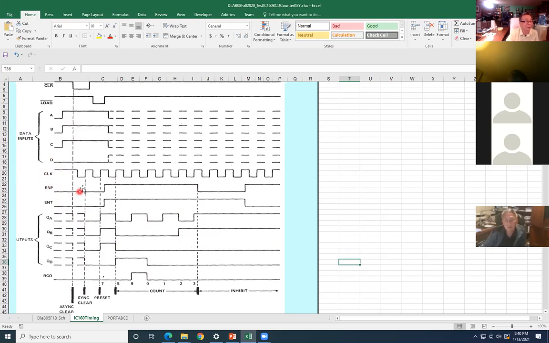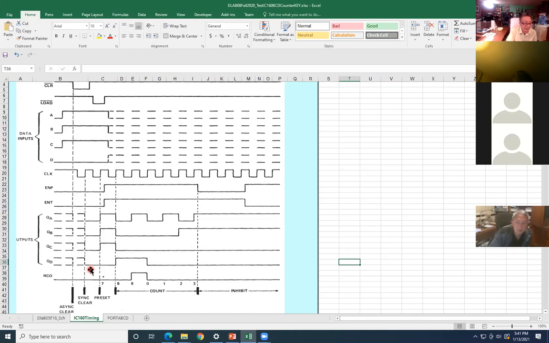Only when the clock goes 0 to 1, then the output will be 0, 0, 0, 0. You see that? So that tells you for this IC, the clock controls everything.